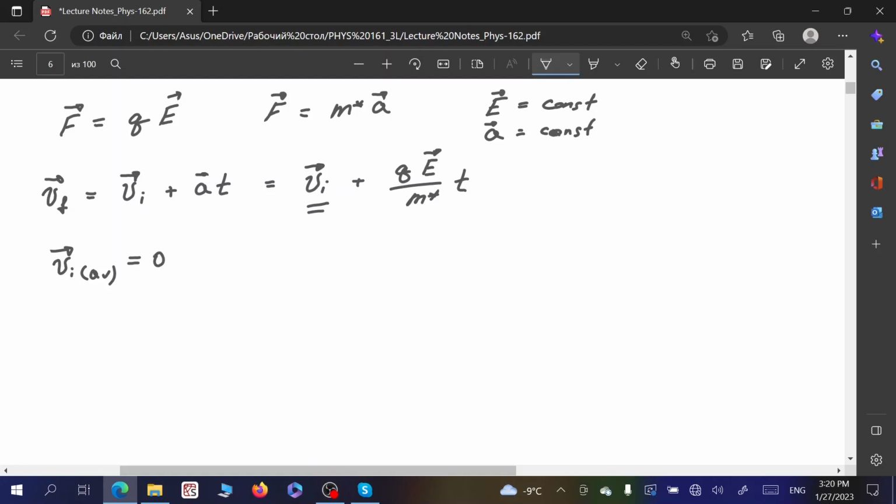So in this case, for V final average, we can write that it will be equal to Vd vector, and this is the drift velocity vector. That's what we discussed last time. That's the directional velocity of directional motion of charge carriers because of the effect of the electric field.